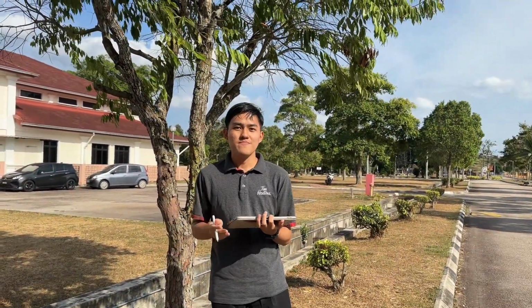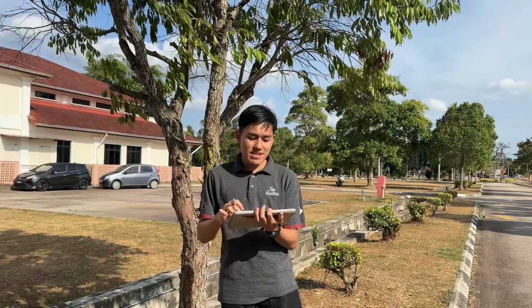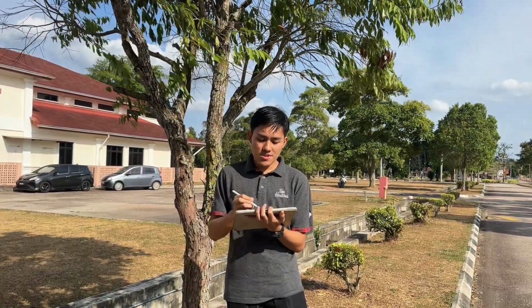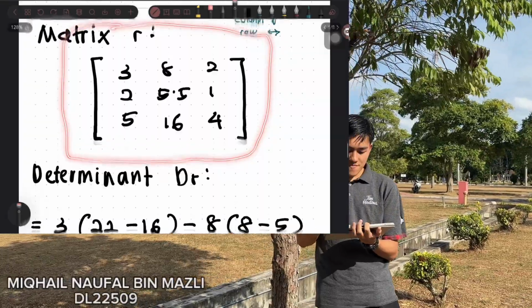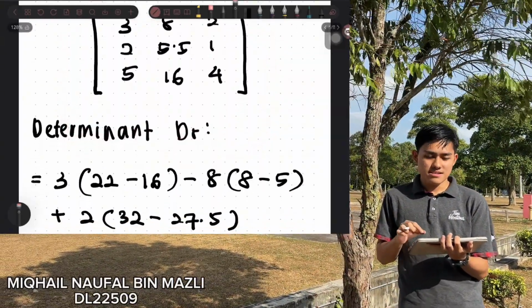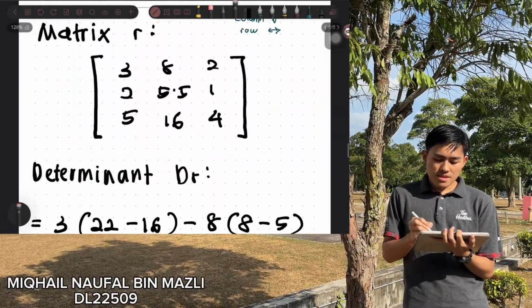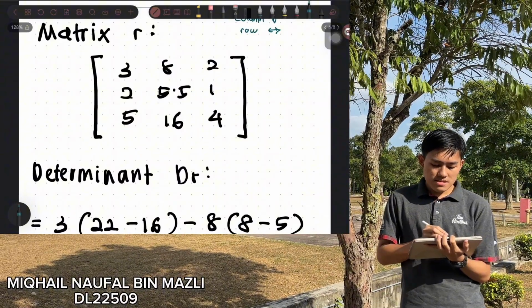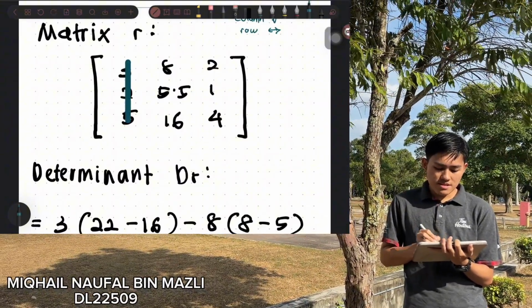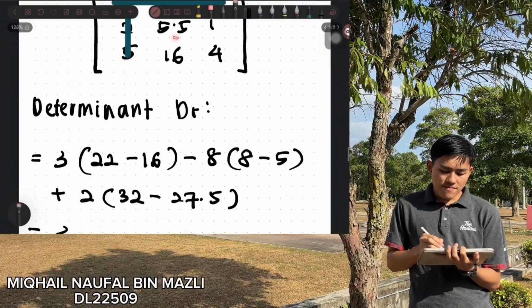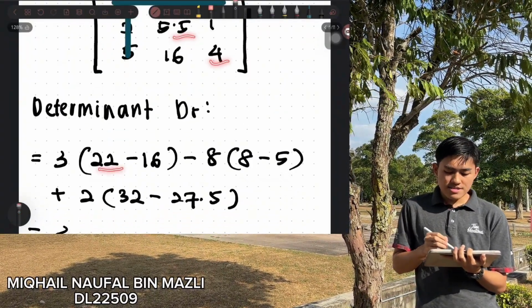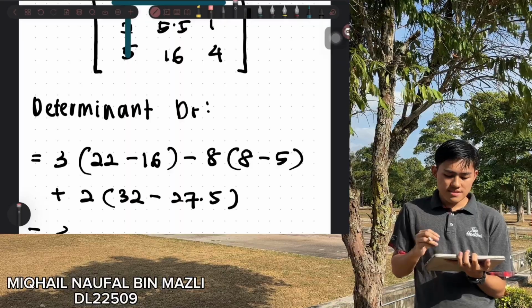Next, we find the price of resistor. To find the price of resistor, we need to find the matrix R, like this. Then we find the determinant of R. We close the first column and first row, and we get 5.5 times 4 equal to 22, and 16 times 1 equal to 16.